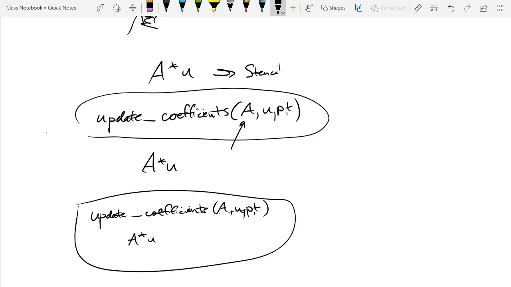So any A such that you have this dispatch of update coefficients and a dispatch for what the matrix operation means, then it'll work inside your code if you have it set up like this. So this makes it so that the other codes that are using your operator don't have to know anything about the internals of how it's implemented. It just needs to know that it can be updated to specific time points, and then here's how you apply it.